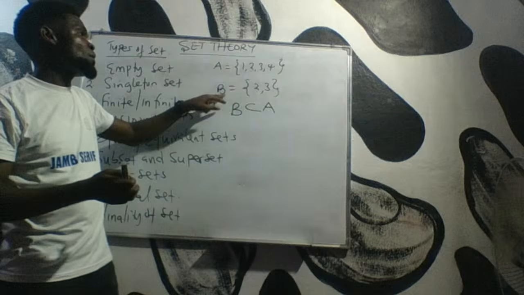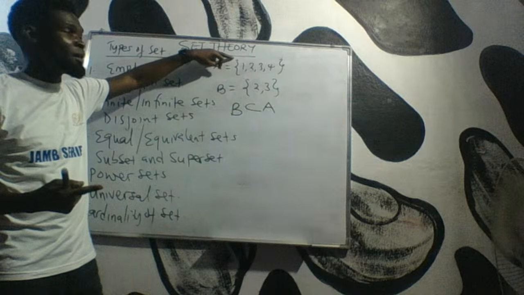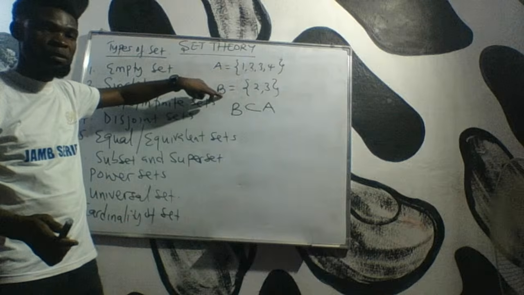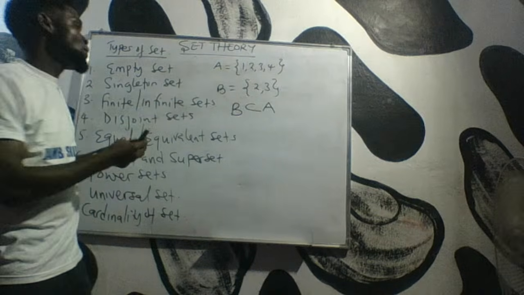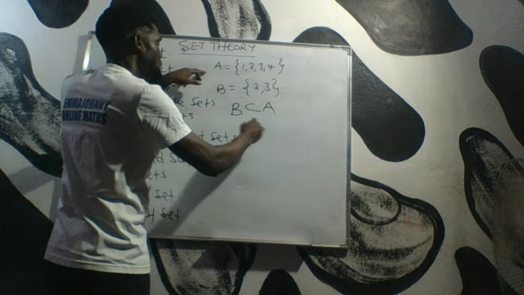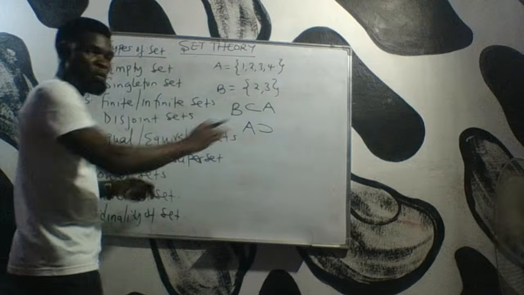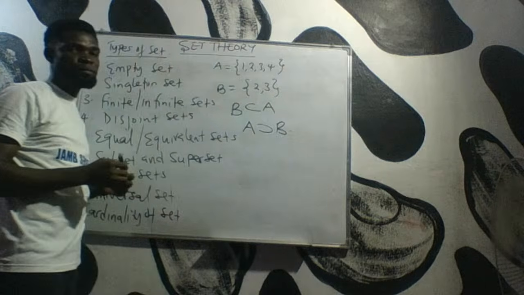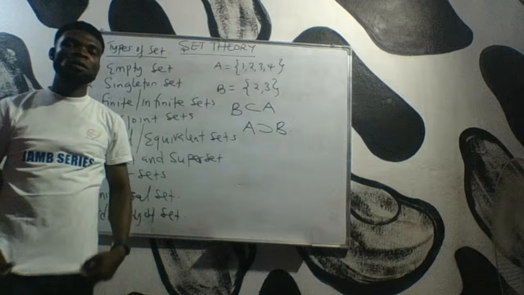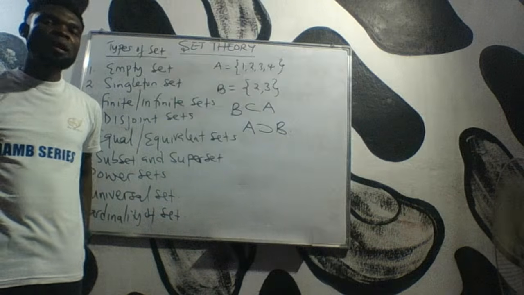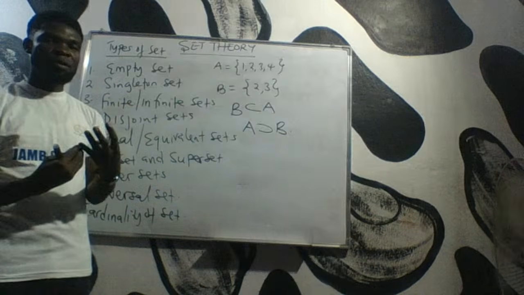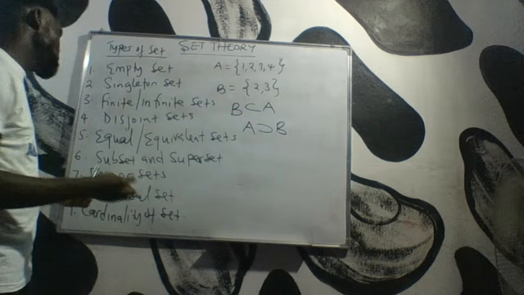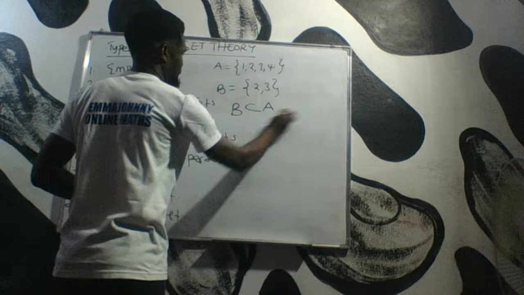Then, since B is a subset of set A, automatically A is the superset of set B. So that means that A is the superset, the reverse now, the superset of set B. It's as simple as that. So when we say subset, we talk about a set that is gotten or derived from another set. That is what subset and superset is all about.